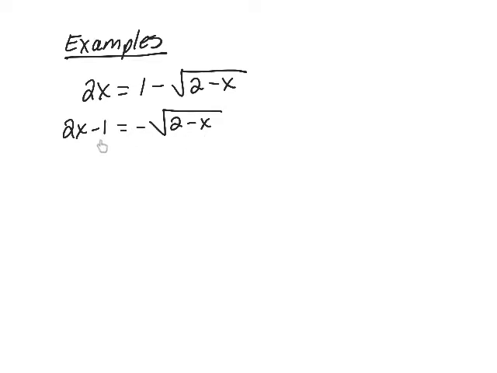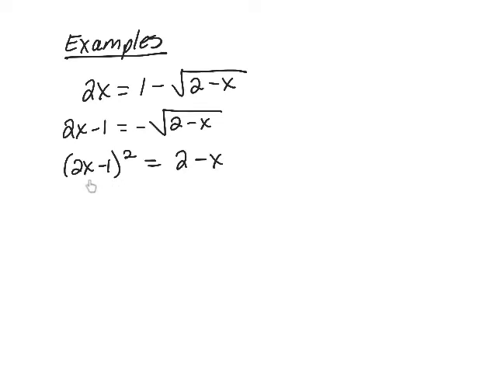So now I'm going to square both sides, and I'm just going to square that binomial. When I square a radical, I get the radicand. So if I square this guy, I end up with 2 minus x. And remember, the negative sign is irrelevant because when I square it, it ends up being positive.